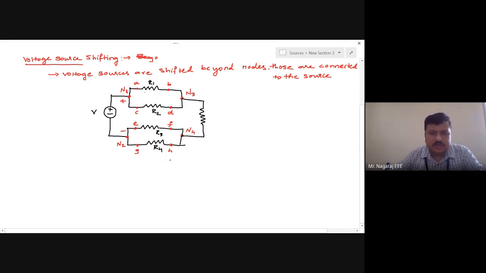You should see here that R1 and R2 are connected to N1. So terminal A of R1 is at positive potential, and terminal C of R2 is also at positive potential. Do you agree?